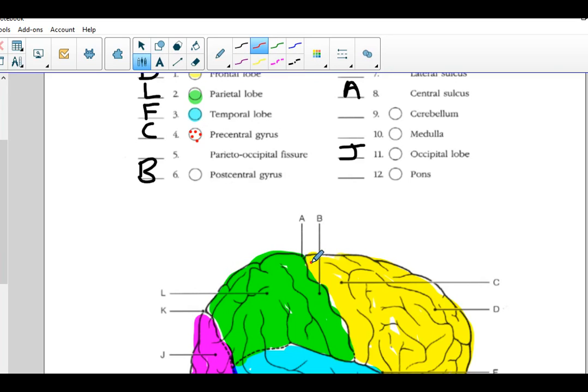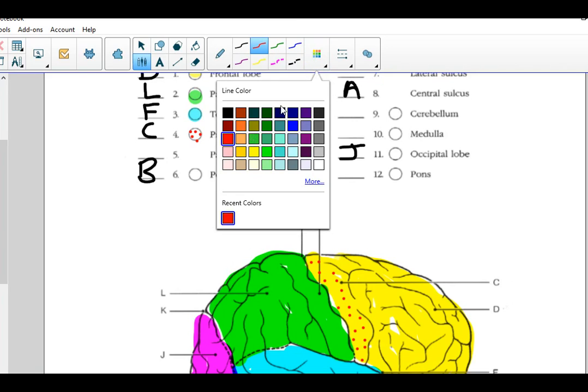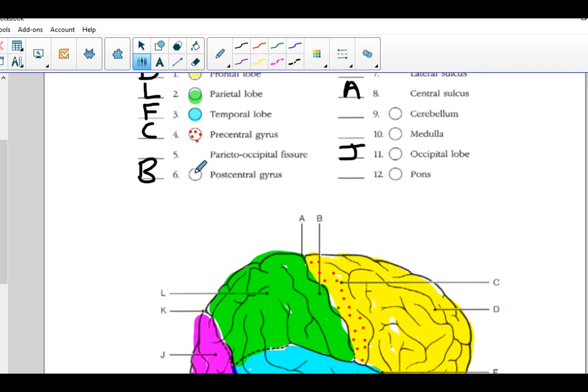So I'd come over here, and all of this area I am going to dot. It's this whole ridge. And then the post-central one, right behind it, you'd want to do something similar. Again, choose any sort of color that you'd like. I'll do purple dots, indicate that here, and I'll go ahead and dot this whole region in here.